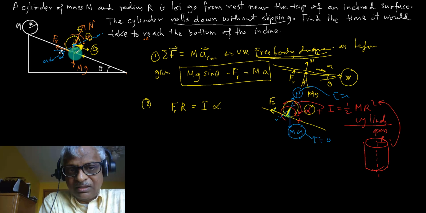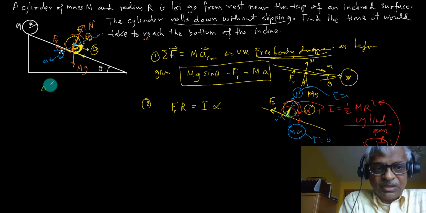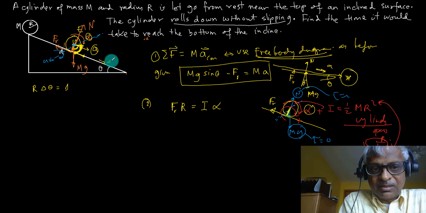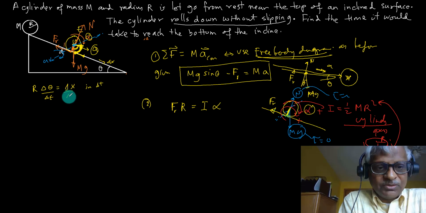So the angle and the distance are related. So r times delta theta along this direction is a delta x. Then divide by delta t, it happens in time delta t. So r omega is related with v along that direction.